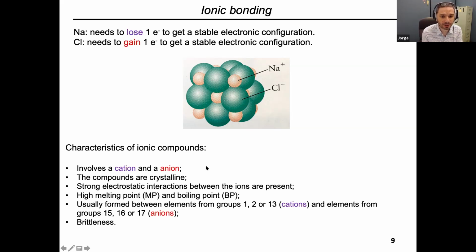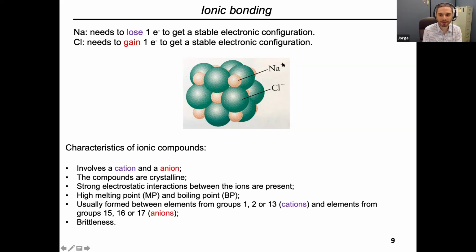Characteristics of ionic compounds involves a cation and an anion. The compounds are crystalline, meaning that they have a very well organized structure in the solid state.